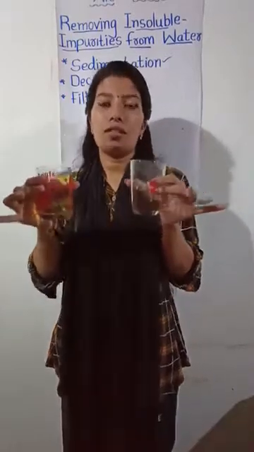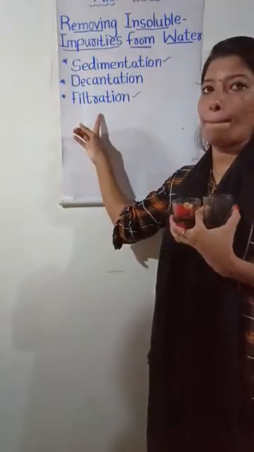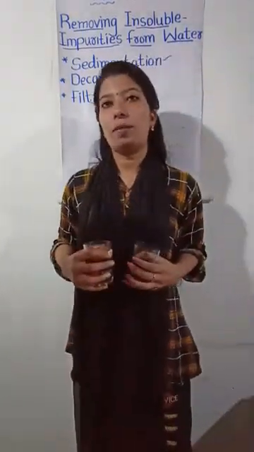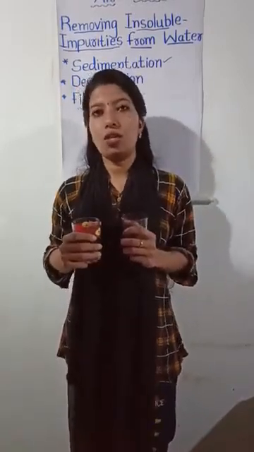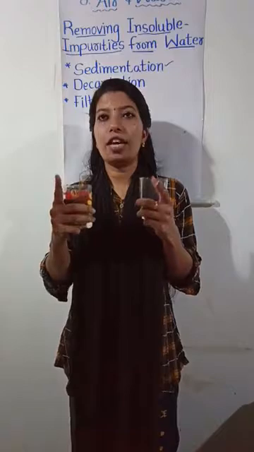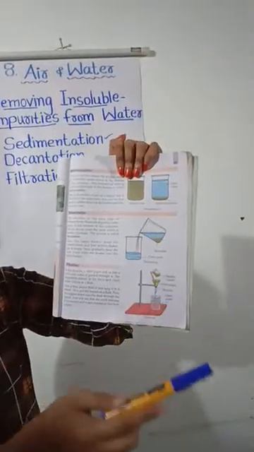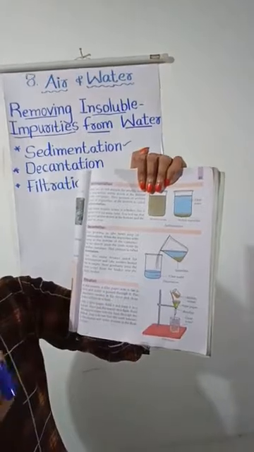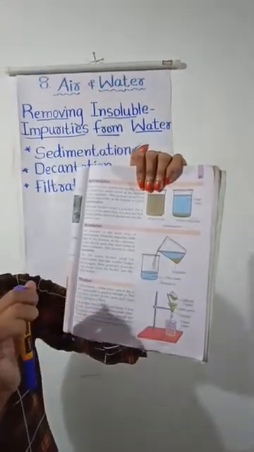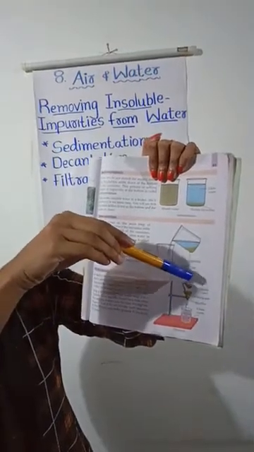Now we will discuss another physical process known as filtration. Filtration is the act and science of using filters. In this method, the insoluble impurities can be removed by passing the impure water through a filter paper. For this activity, first take a filter paper, fold it, and keep it in a funnel. Now put the funnel on a beaker, then pour the impure water into the beaker through the funnel.